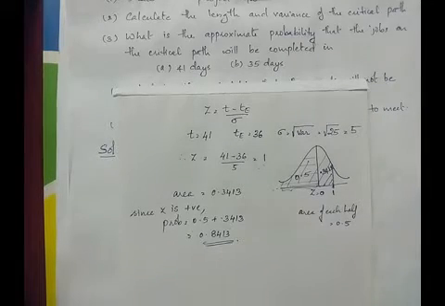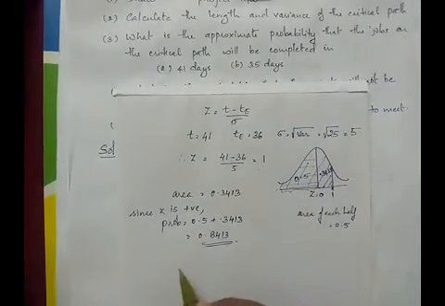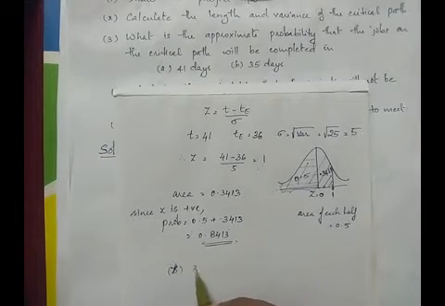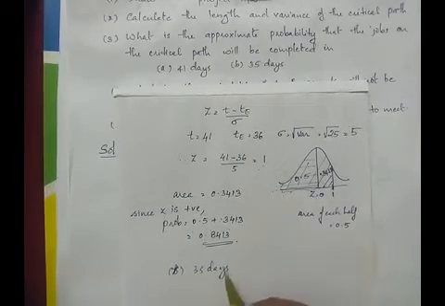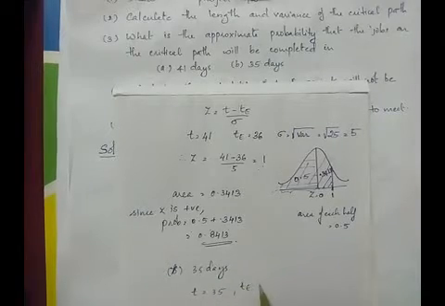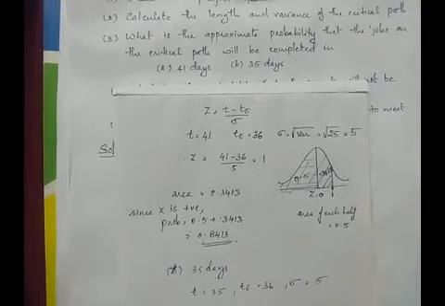In this way we can find the probability for 35 days. Here in the case of 35 days, T is 35, T_E is 36, and sigma we have already found, it is 5.